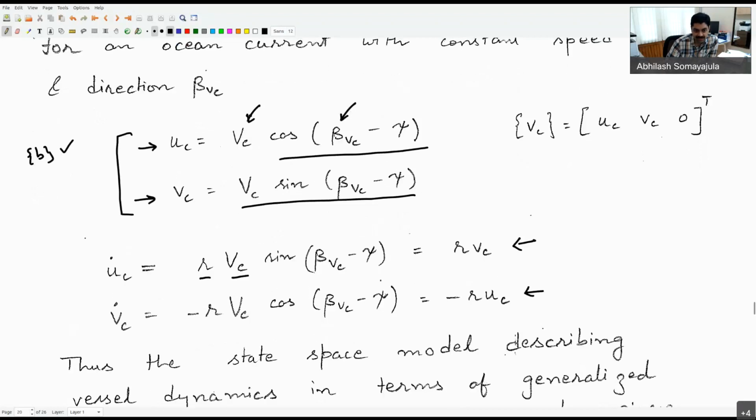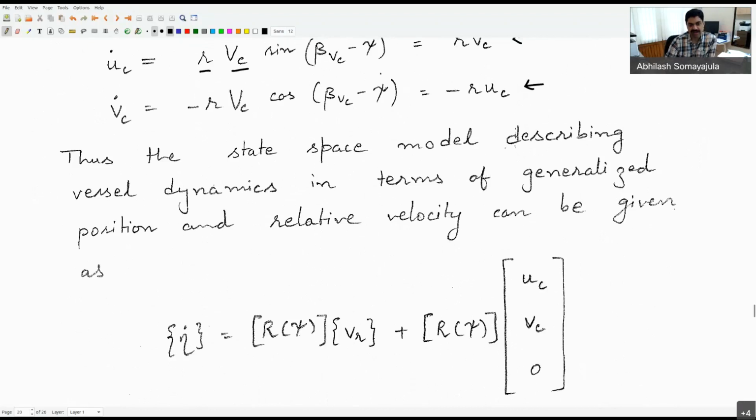When we now look at the generalized kinematics which we had before, eta dot is equal to the rotation matrix times V. Now I'm writing that generalized velocity vector V simply as VR plus VC. Is this making sense?